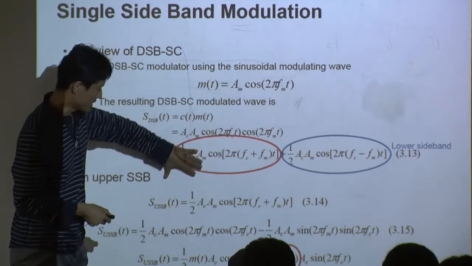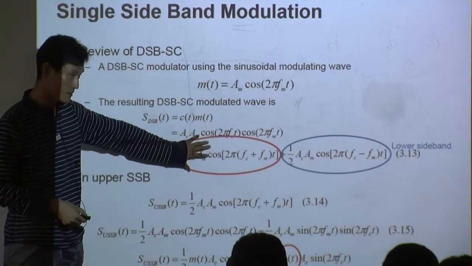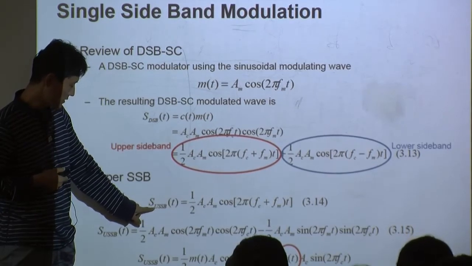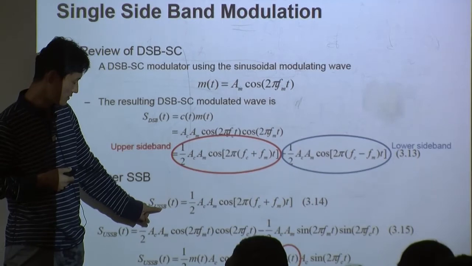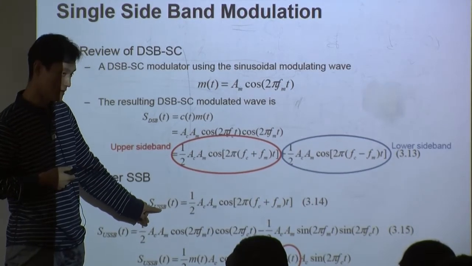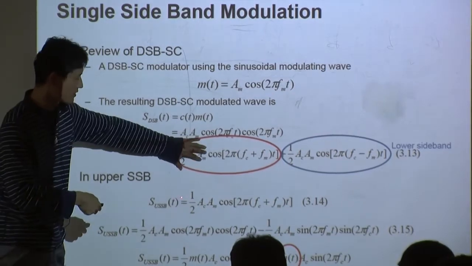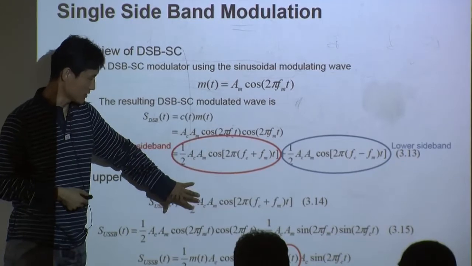Let's take this upper sideband and write it here. I put the subscript USSB because it is the upper sideband. I'm just taking the red one.